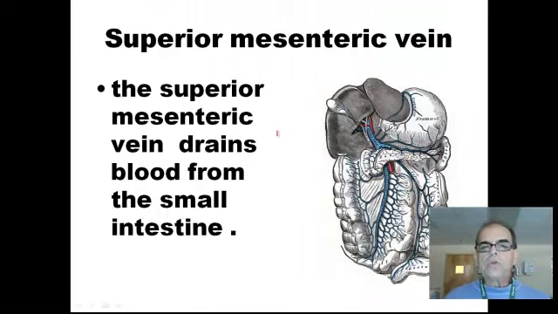We are going to see something very important in the abdomen, and that is how the blood of the digestive system goes to the liver to be cleaned before re-entering the normal circulation.